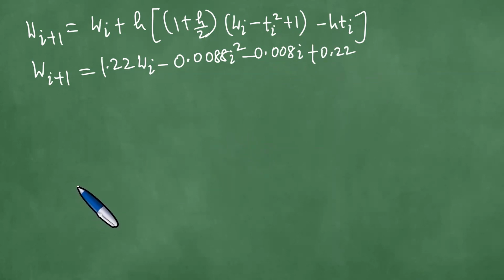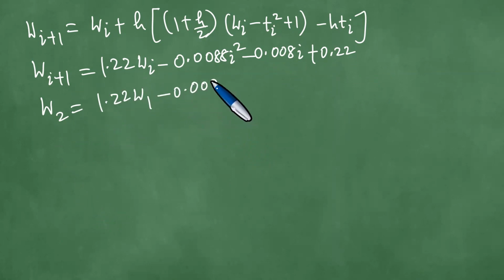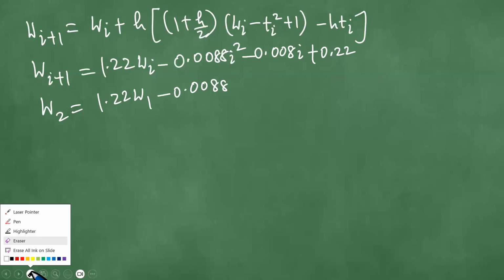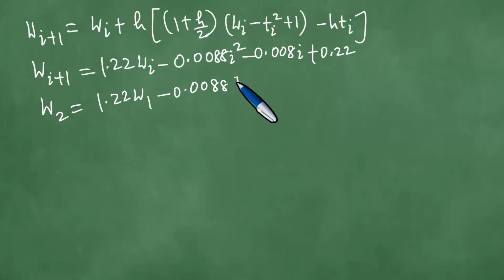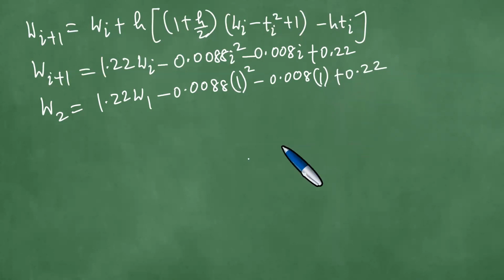We want W2. So 1.22, because i is 1, 0.008. Because i is 2, then you put 2 here. No, i is 1 to get 2 here. So because i is 1, I can put 1 squared. 0.008, you put a 1 here, plus 0.22.